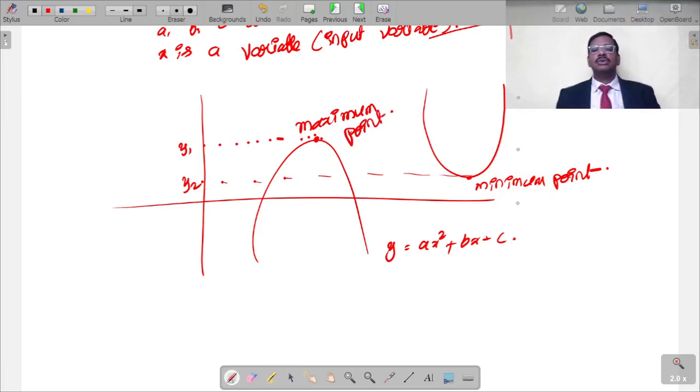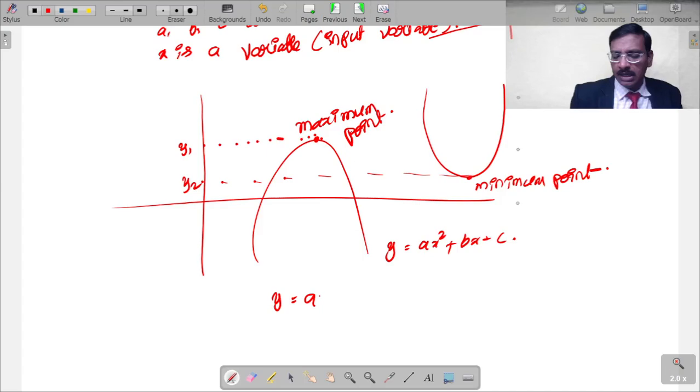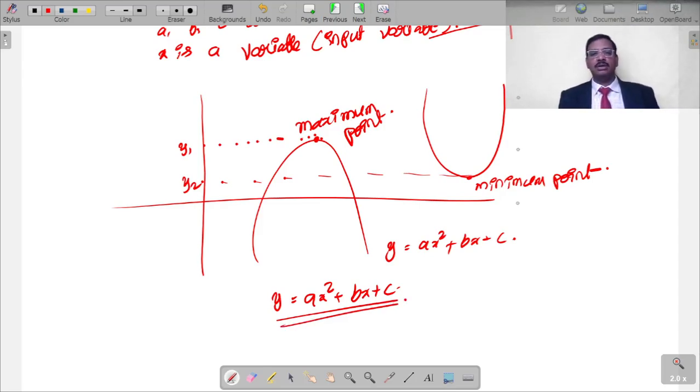So the quadratic function y is equal to ax square plus bx plus c will always be either U shape or inverted U shape. U shape will always have a minimum value, and inverted U shape will always have a maximum value, because every value is lesser than this value, even on the right side, even on the left side.